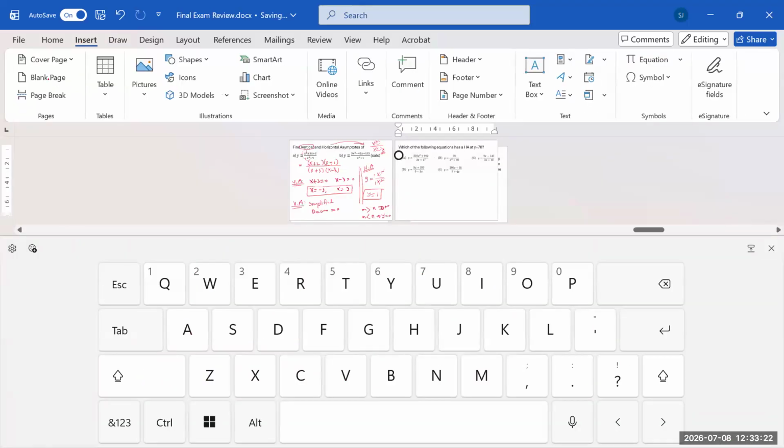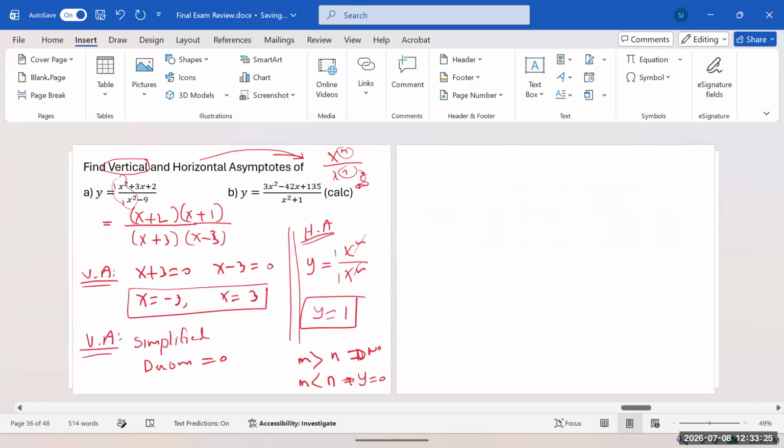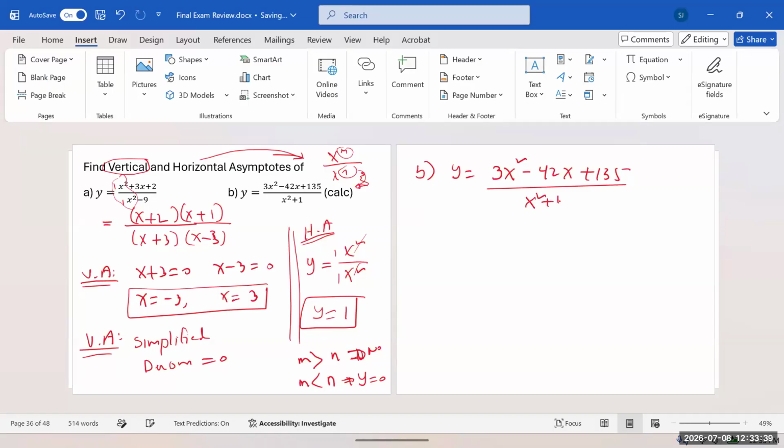Okay, we have another one. Y equals 3x squared minus 42x plus 135 divided by x squared plus 1. Now we know m is smaller than n, means the denominator is big, the answer is y equals 0.